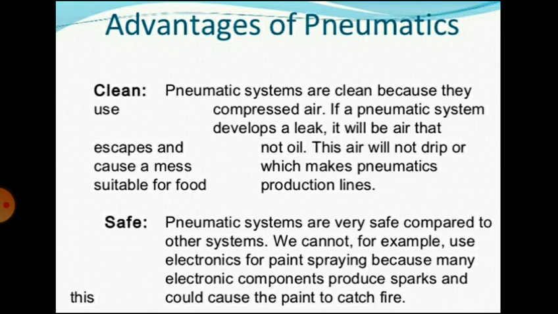Then the second point regarding advantages of pneumatics: it is safe. Pneumatic systems are very safe compared to other systems. For example, electronics are risky for paint spraying because many electronic components produce sparks, and this could cause the paint to catch fire. So in this case, pneumatic systems are used.